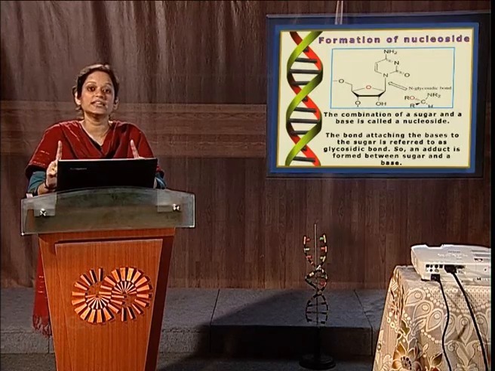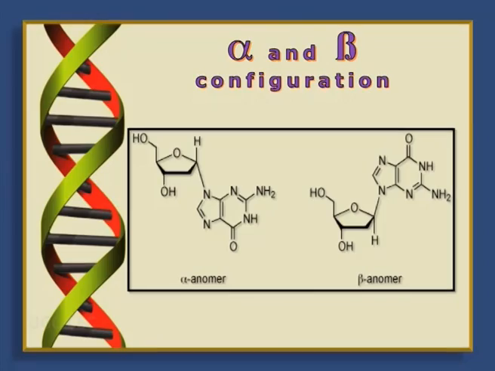As a result of this addition, the nucleosides are soluble in water and very resistant to alkaline cleavage, but they are prone to acidic cleavage in case of purines. The nature of the glycosidic bond can be in two forms. If we see this diagram as shown in this slide, the first is the beta configuration and the second is the alpha configuration.